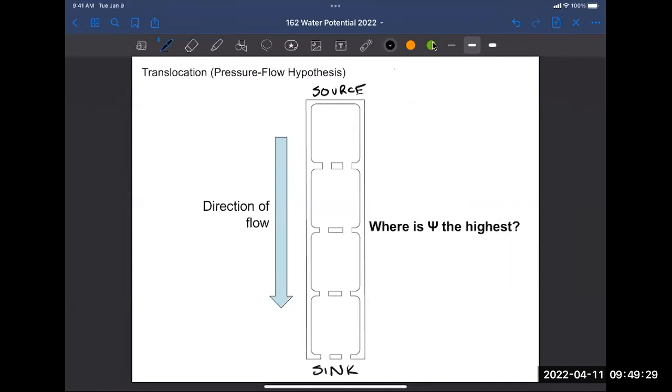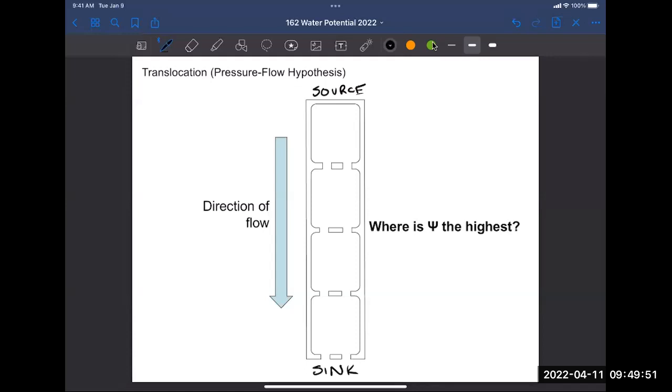So let's try and apply this water potential idea here. Where is water potential going to be the highest? Is it going to be higher at the source or at the sink? Just giving you some opportunities to practice thinking about water potential here. We know the direction, right? The direction is moving from the source to the sink. So where is water potential the highest? We can just do this with hand signals. If you think it's higher in the source, do thumbs up.